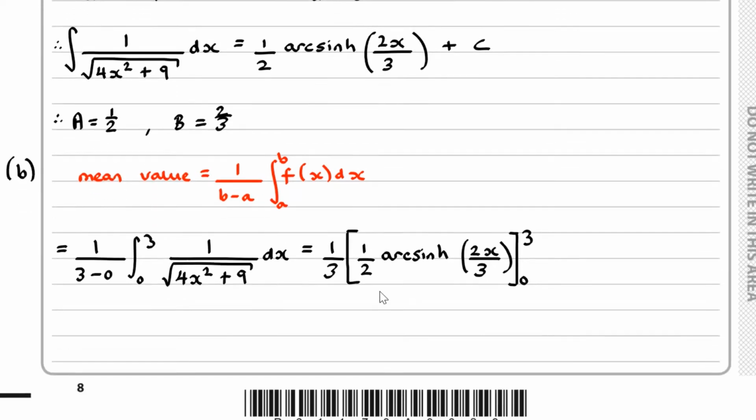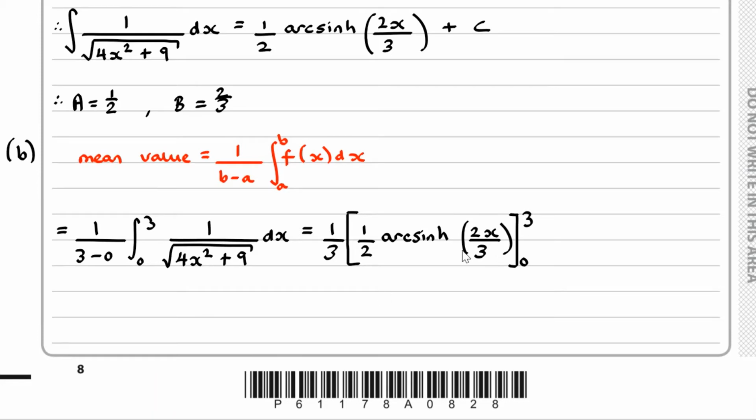So if we substitute in our limits, for the upper limit, inside this bracket we have 2 times 3 over 3, which is 2. And for the lower limit, if we substitute in 0, the entire thing will become 0. So we have 1/6 times the inverse of the hyperbolic sine of 2. And we wish to write this result in terms of natural logarithms.